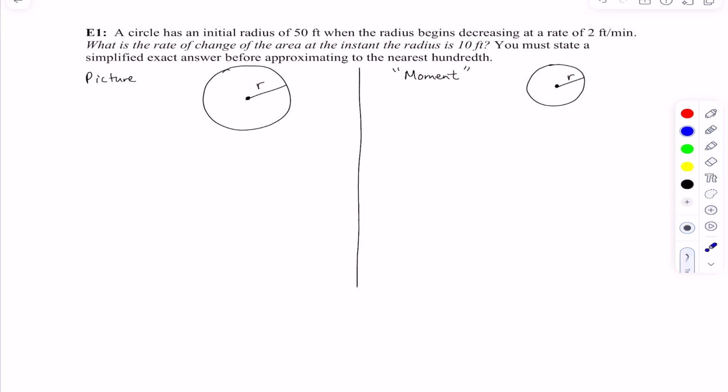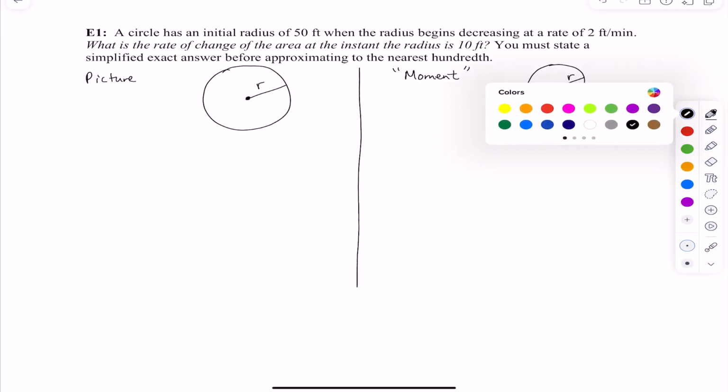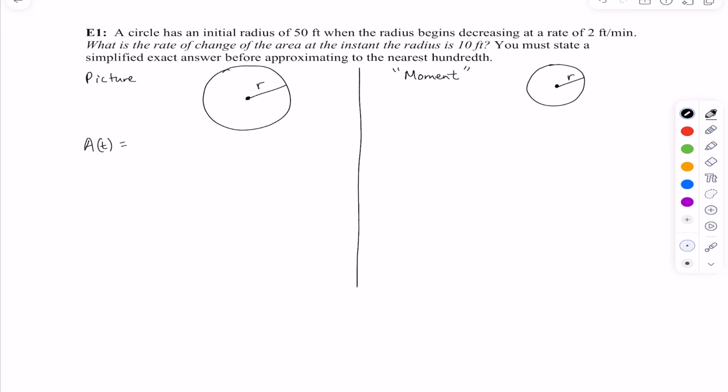Now, it also talks about the area of a circle. So can we establish some kind of relationship? And the answer is yes. Area is a function of time, and that is pi times another function of time called the radius. The radius is changing with respect to time.